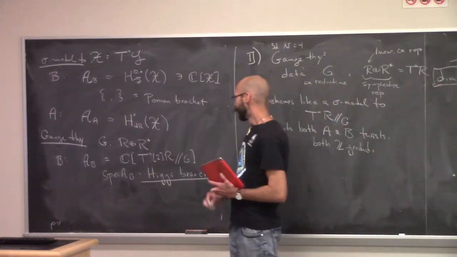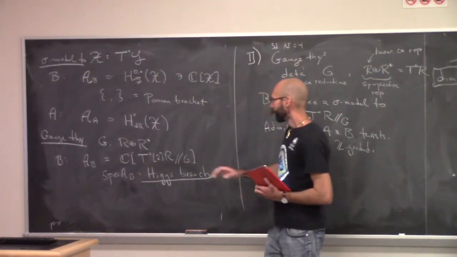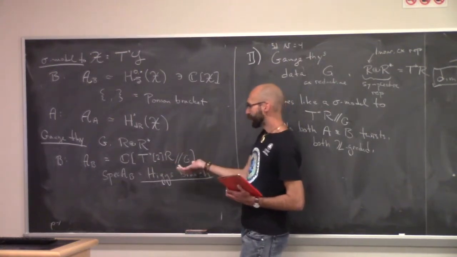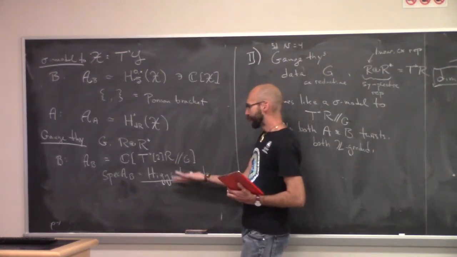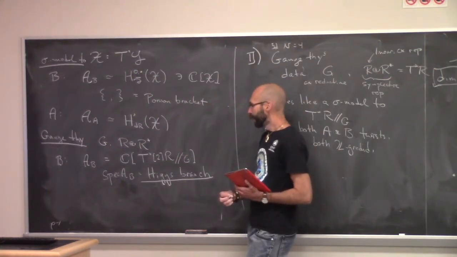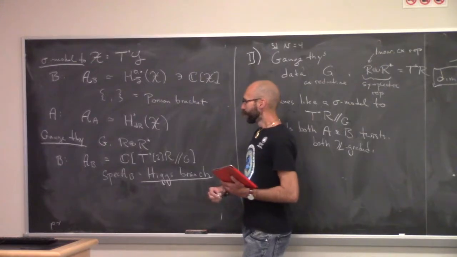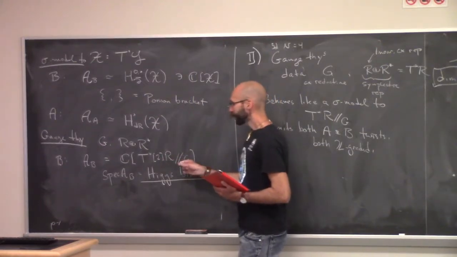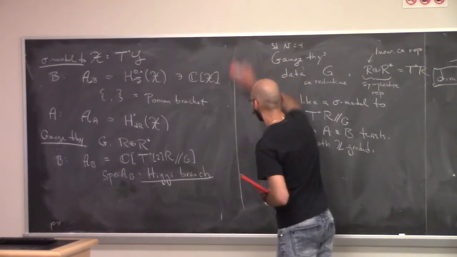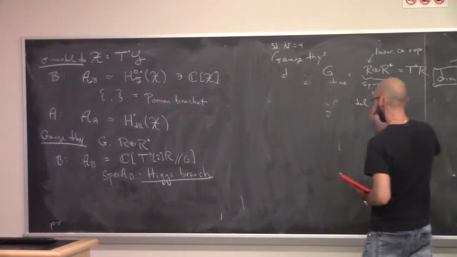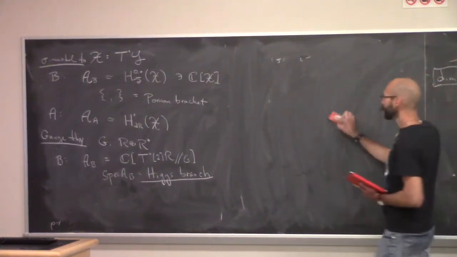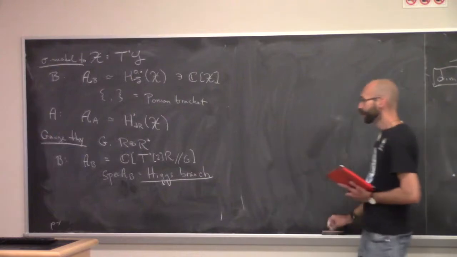So things to say. If the representation is faithful, then you can ignore all the derived structure and this is literally just functions on the symplectic quotient. If the representation is not faithful, then extra stuff arises. Extreme example, if you take pure gauge theory, meaning that the representation is trivial.